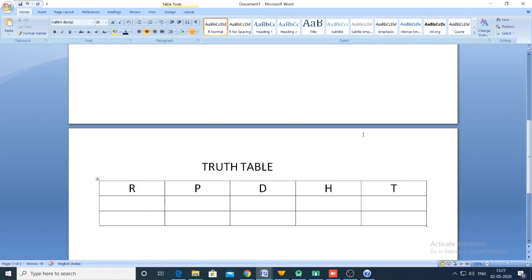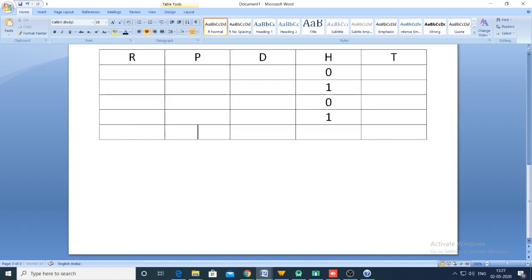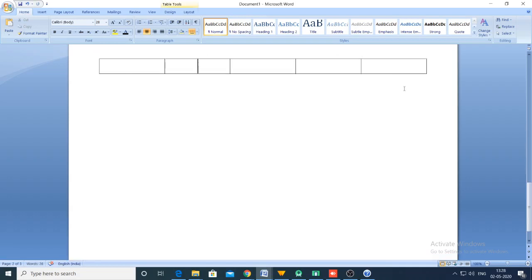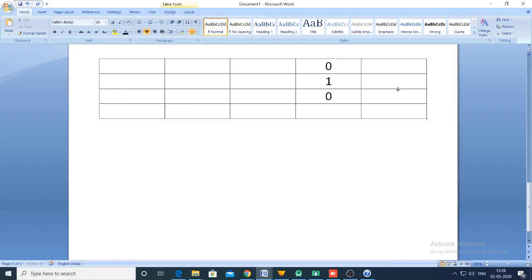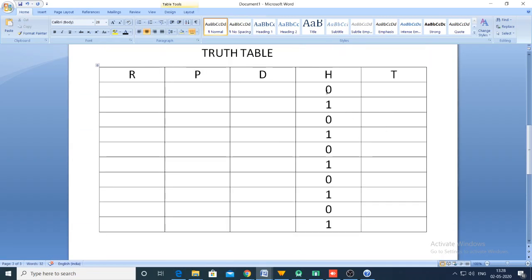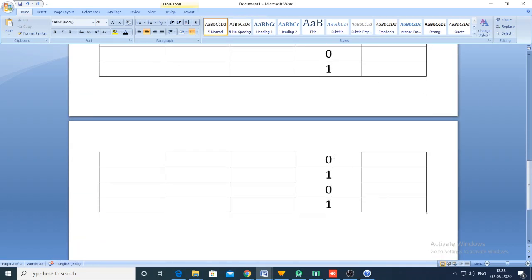Very quickly, we can fill the last variable with 0, 1, 0, 1, alternating, and continue down the column until all 16 rows are filled.